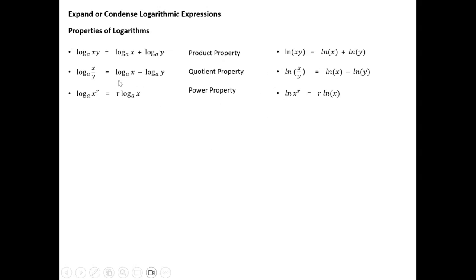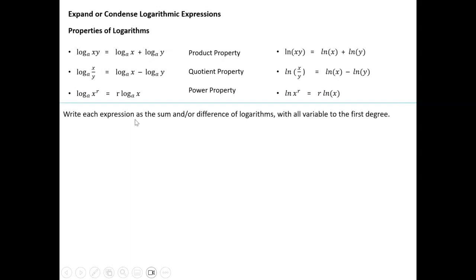Now let's review the properties real quick. If you have log base a of x times y, we separate them and it becomes addition. If you have log base a of x divided by y, the quotient becomes subtraction. And for the power rule, if you notice, the power comes to the front. Again, this is condensed and expanded.